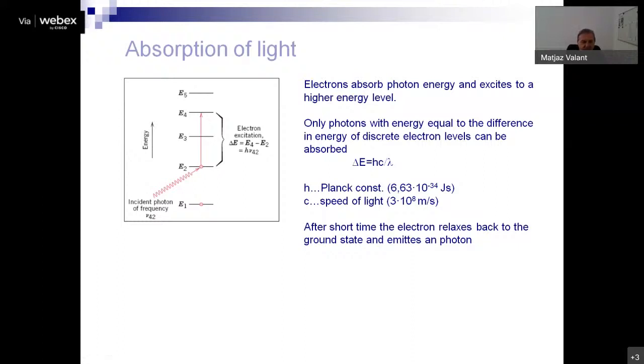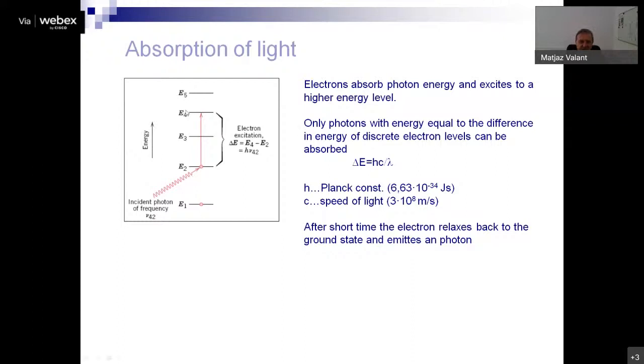Now we know that electrons cannot have any kind of energy, that they sit on some electronic levels, on some states. So the energy that is absorbed by the electron can only be as large as the energy between the lower and the upper electron level.